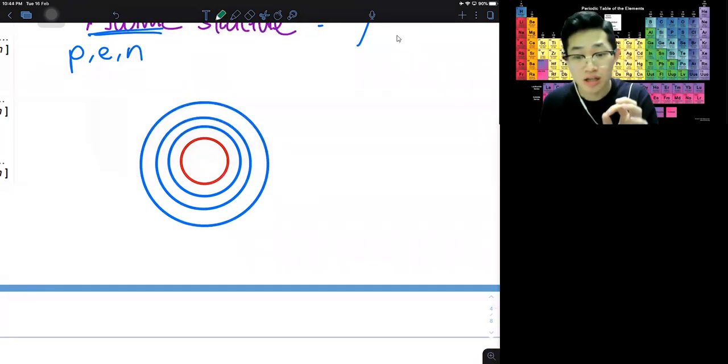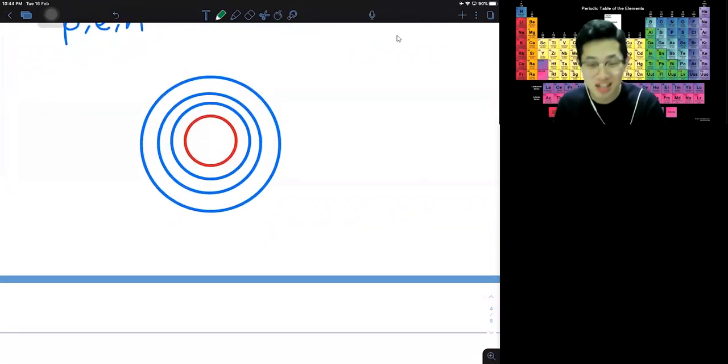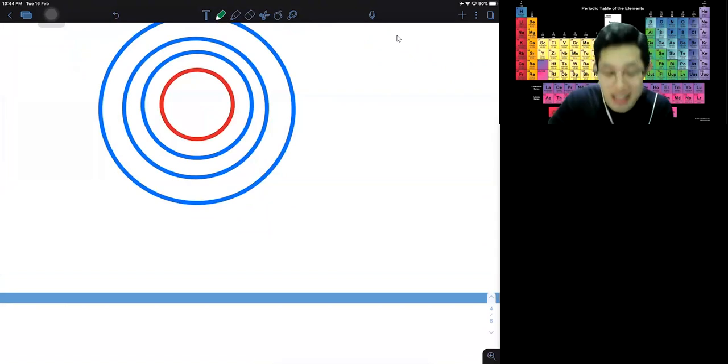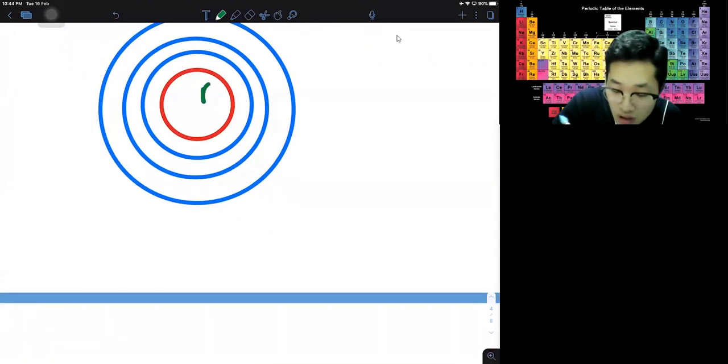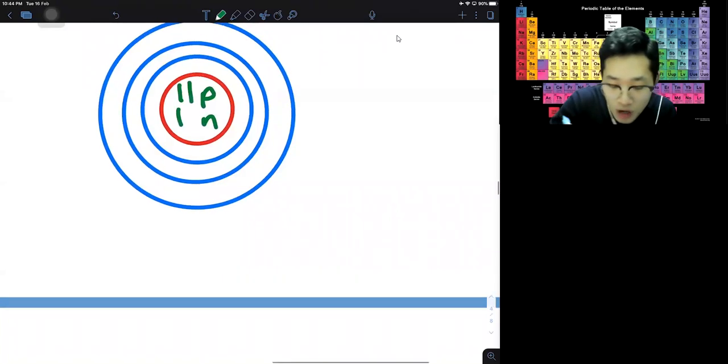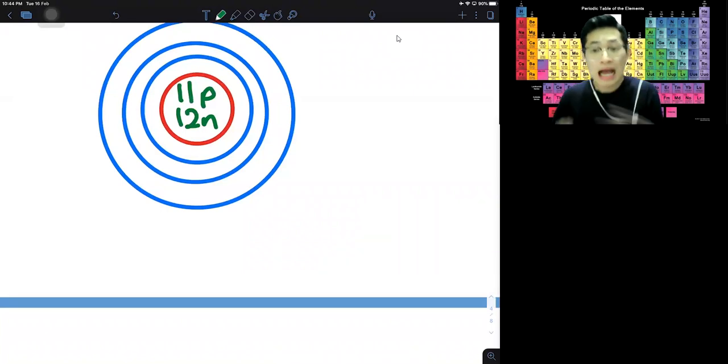How to include proton, electron, and neutron? You have to write like this. Proton, how many? 11. Neutron, how many? 12. How do I know? If they don't give you in the exam, use the periodic table.